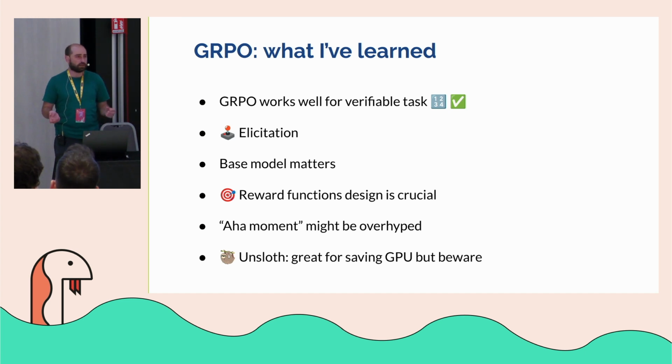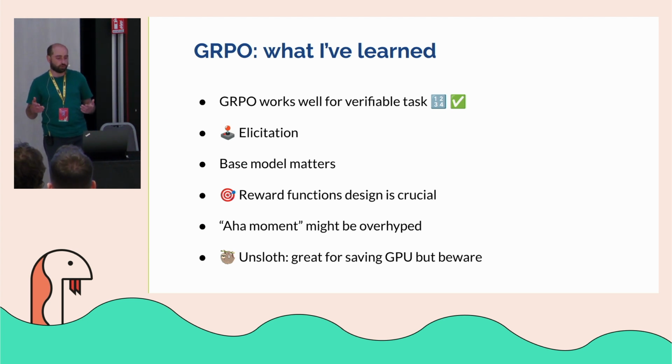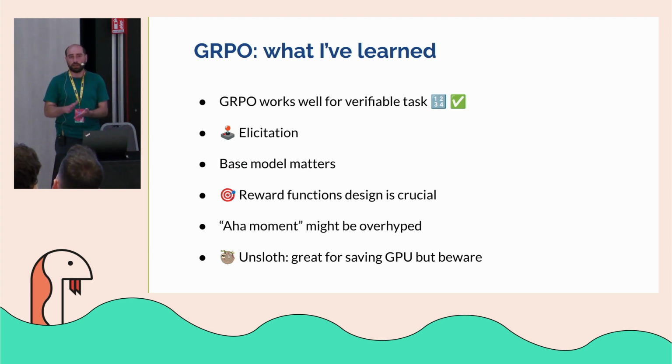From my experience and also papers, when you use GRPO and other reinforcement learning techniques applied to LLMs, you are eliciting some desirable behaviors from your models, but you are not teaching new things to the model. If you want to teach something new to your model, probably supervised fine-tuning, maybe with distillation from a bigger model, works better. And for this reason, the base model you choose to train matters.